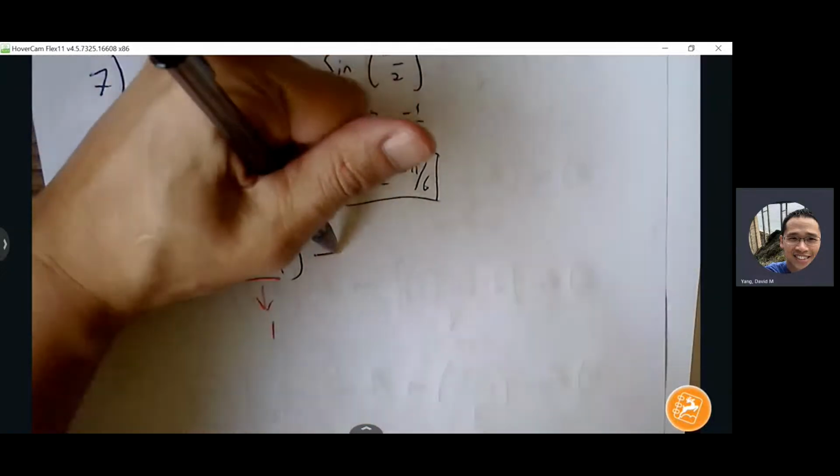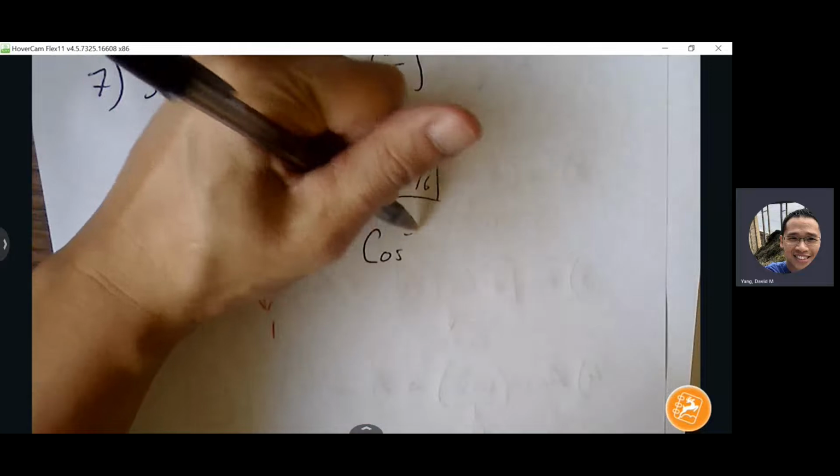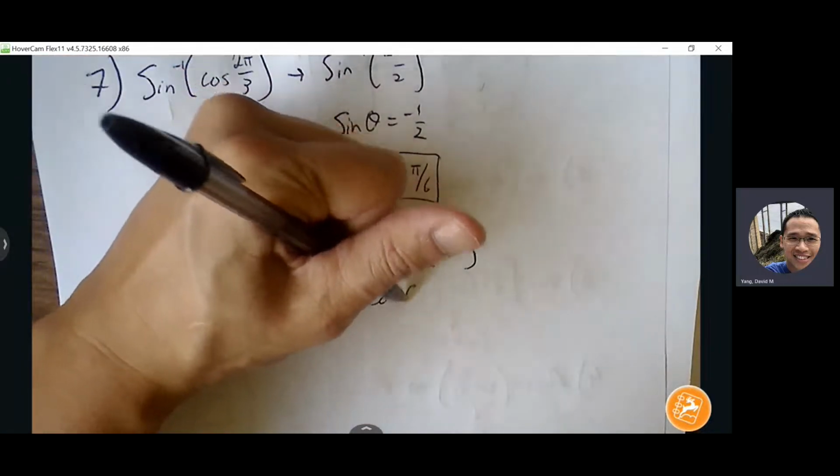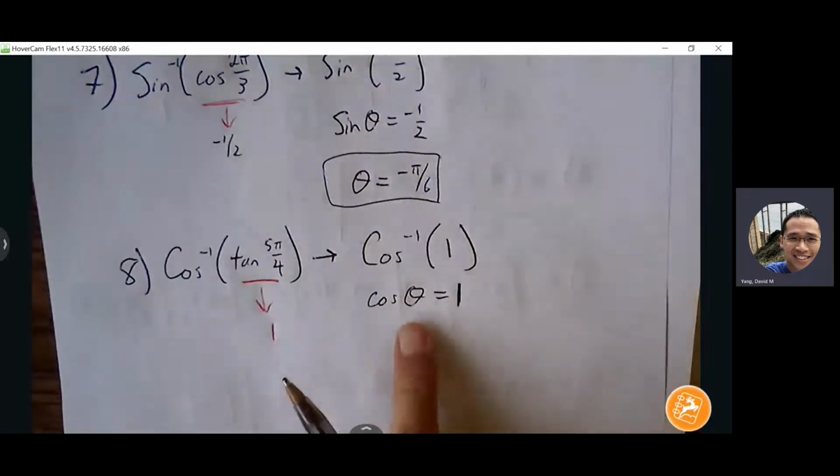So now let's rewrite our problem. Where is cosine going to be equal to 1? In other words, where is cosine of theta equal to 1?